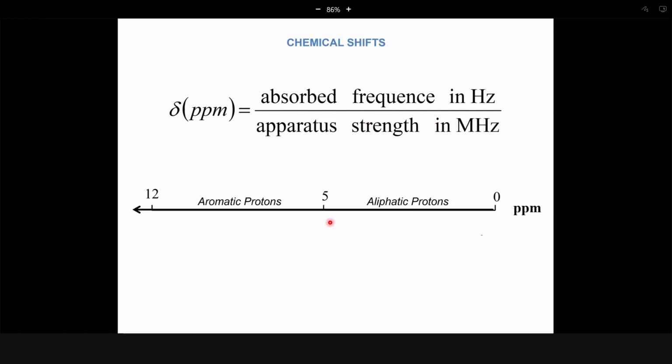And this is again the scale, just to see that aliphatic protons will be observed between 0 and 5, and we can have a double bond here, oxygen close to here, nitrogen here, for example, and up to 5 you usually have protons on double bonds. So in ethylenics, it's around 5 to 6.5, and from 6.5 until 9, you have aromatic protons.